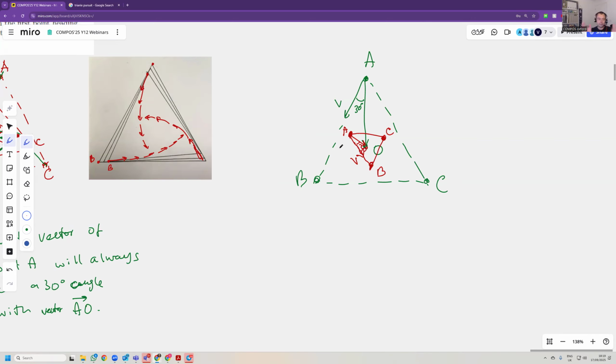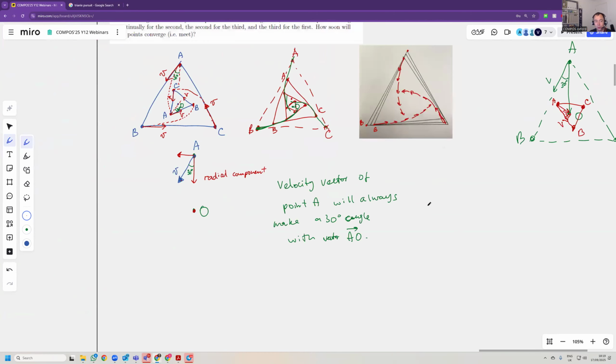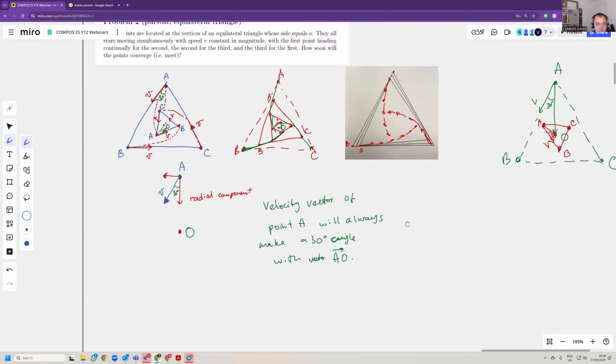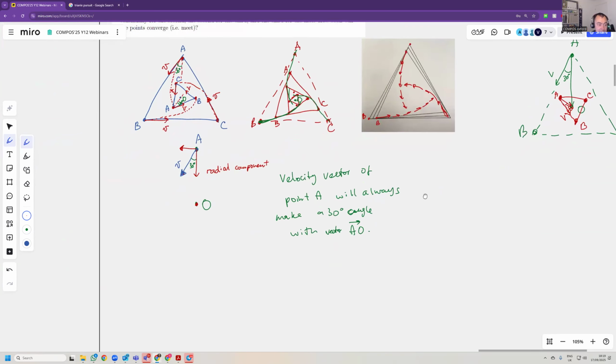Okay. That means that the radial component of velocity is always the same.